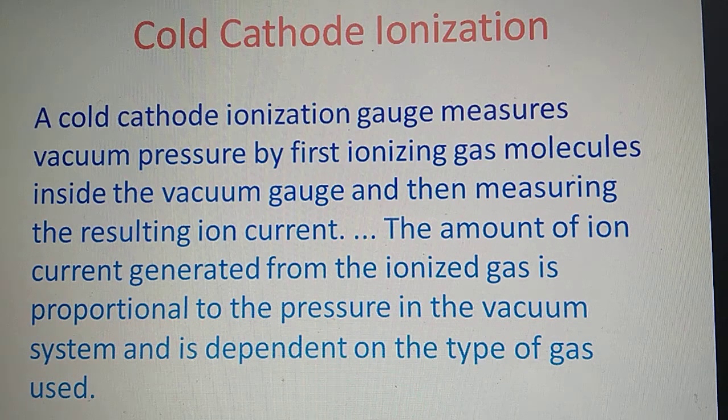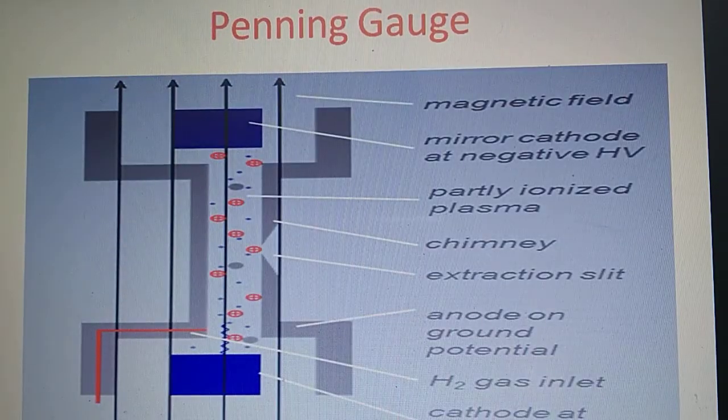The amount of ion current generated from the ionized gas is proportional to the pressure in the vacuum system, and it is dependent on the type of the gas used. So this is the principle of cold cathode ionization. Based on this, the cold cathode ionization is working.